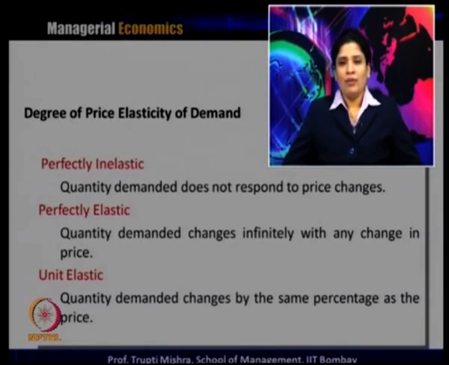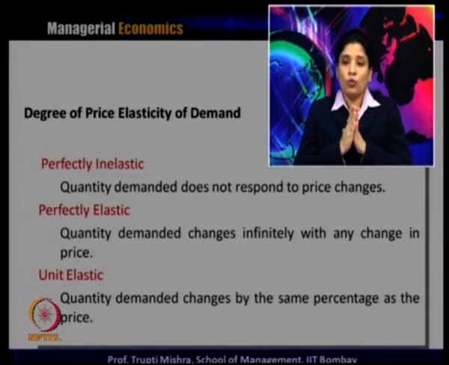But it is a bit difficult to find this type of evidence in the real world, because it never changes exactly. So unit elasticity is one where the percentage change in the quantity demanded is exactly equal to the percentage change in the price.